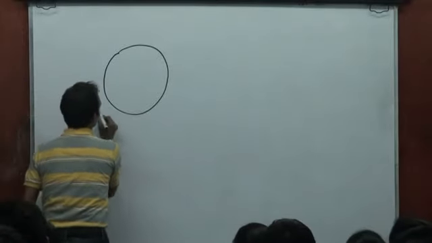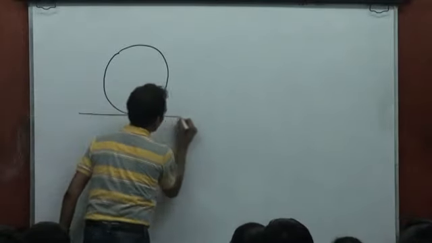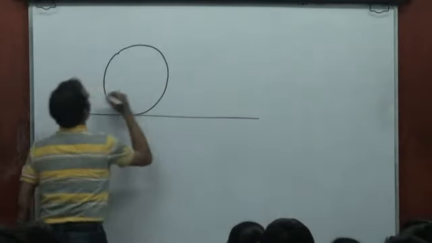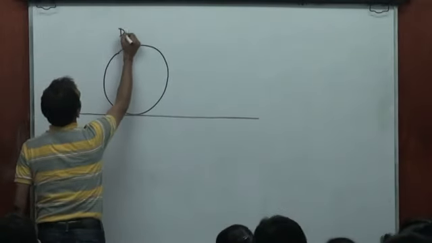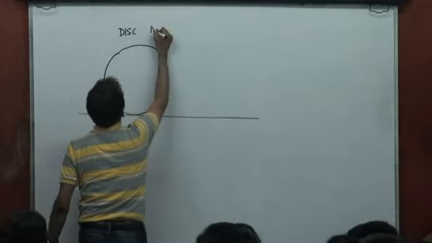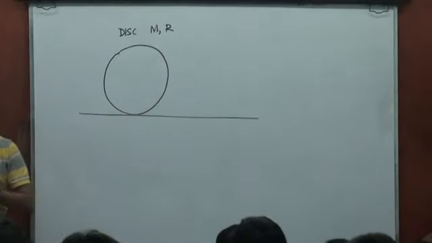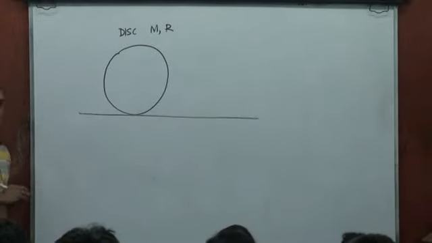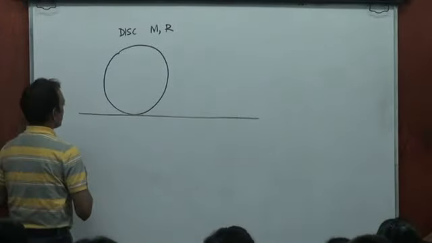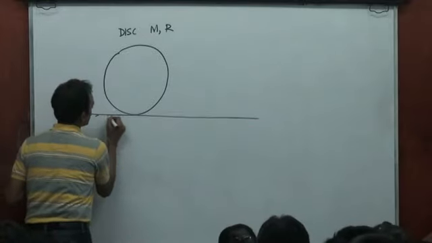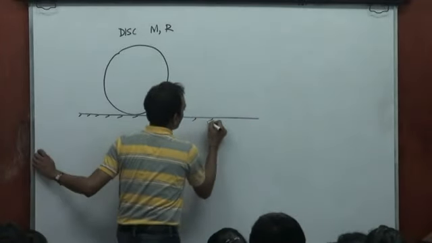Let's say this is a disk of mass m and radius r, on a fixed horizontal surface that is rough, that has friction.